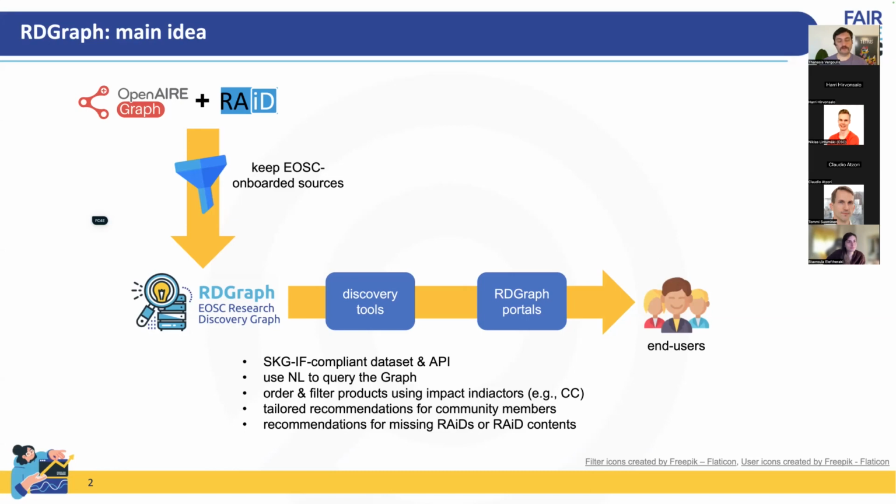The main features are that the API and the dataset dumps are compatible with the recommendations from the RDA's SKG-IF group, which tries to provide guidelines for scientific knowledge graph compatibility and interoperability.